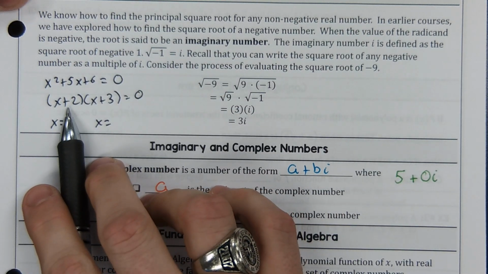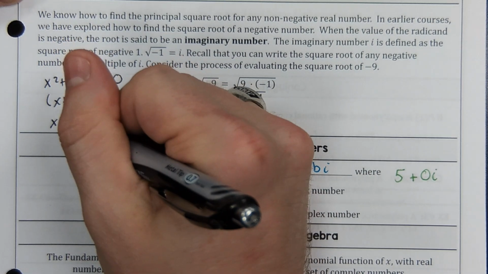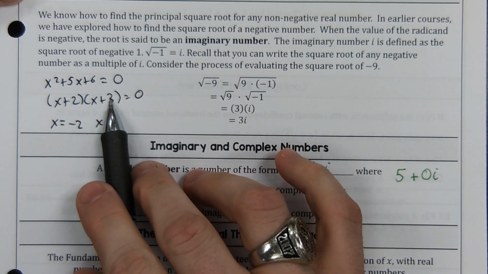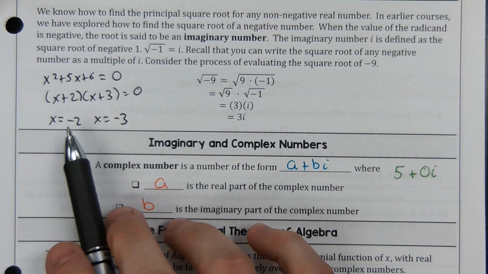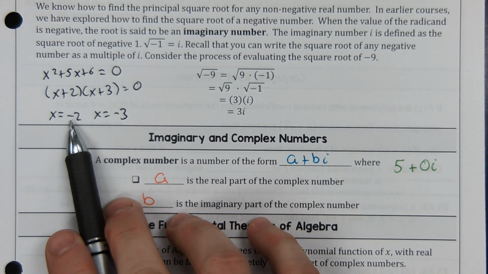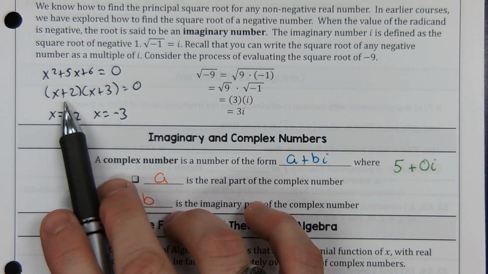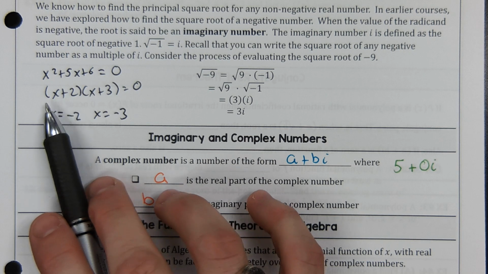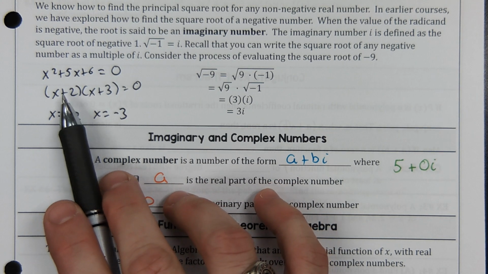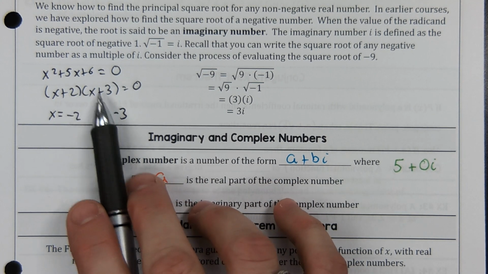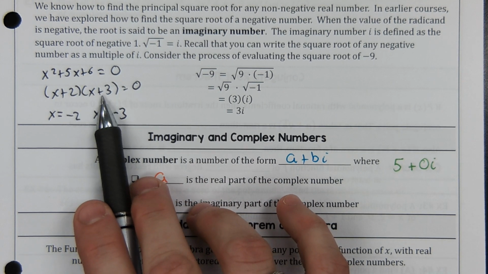What's the solution from here? Negative 2, and what's the solution from here? Negative 3. The real reason why you have to say the opposite symbol as what you see there is because in all actuality, when something is factored, it says x minus the solution. That's why. This is actually x minus negative 2, x minus negative 3. It always says x minus the solution.